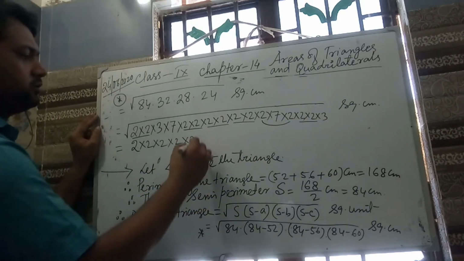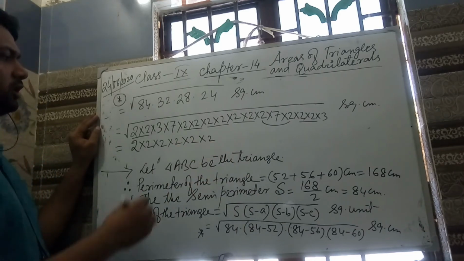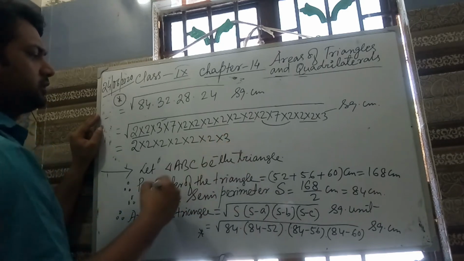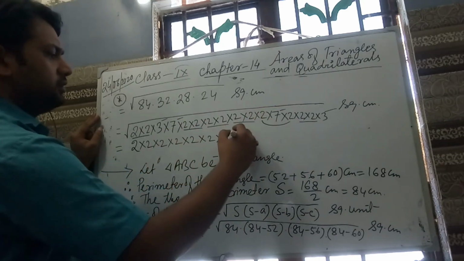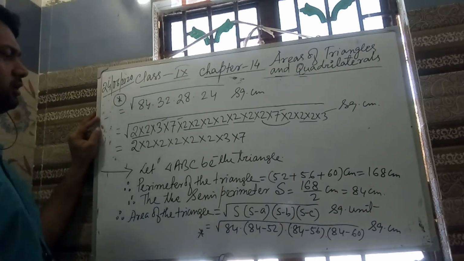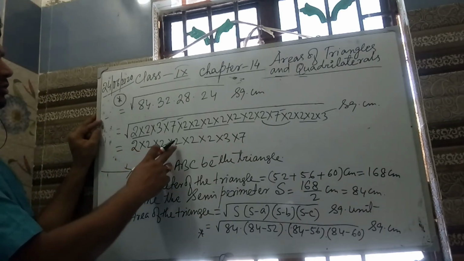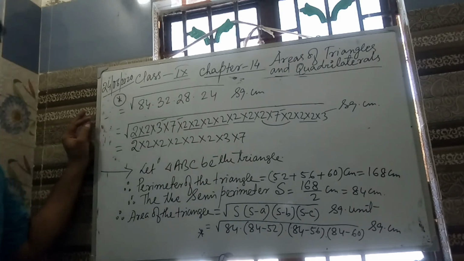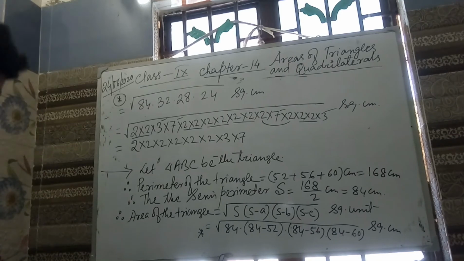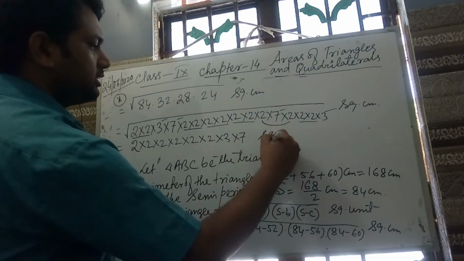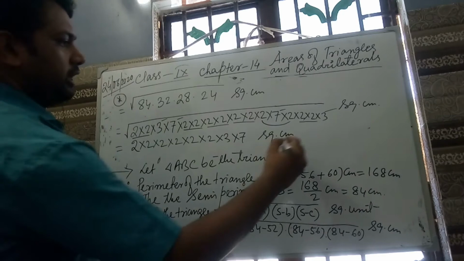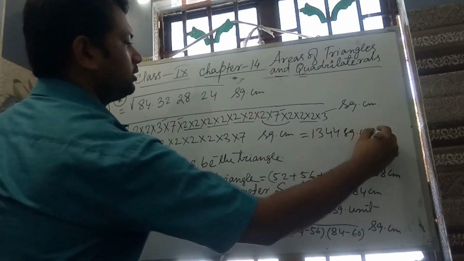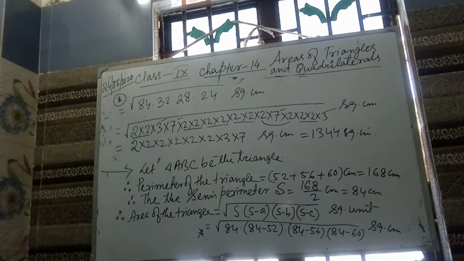For these two 2s, we will have another 2. 3, one time, 7, 7. So 2 into 2 into 2 into 2 into 2 into 2 into 3 into 7. Just multiply it. You will get your answer: 1344 square centimeter. You can multiply and check it.